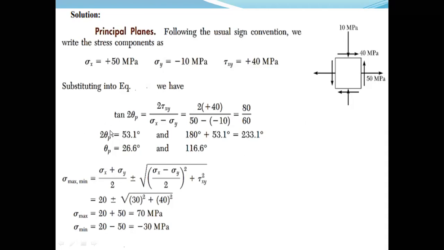So in order to compute the angle, this is the formula. The maximum value of normal stress acting on the plane of failure is known as major principal stress, and the minimum value is known as minor principal stress, and that particular plane of failure is known as principal plane. Okay, hope you understand this.